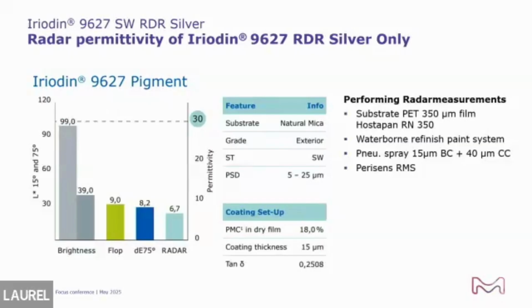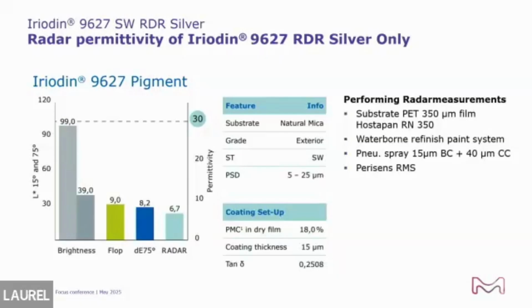The important one is the radar reading, right? So you can see your travel from your 15 degrees, your L value is like 99, and when you flop down, it's going to be like 30 to 39. So that's your travel.